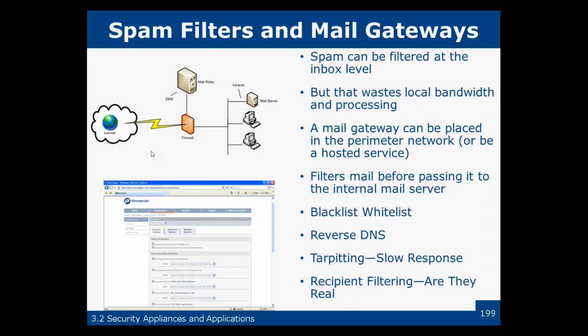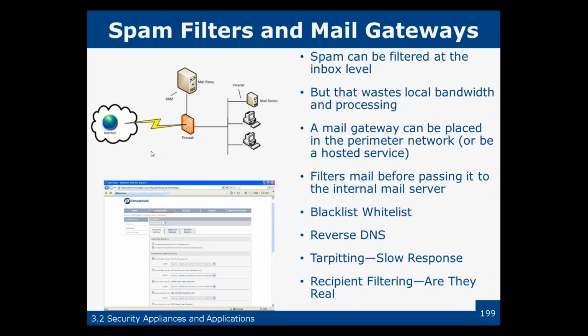You may have a mail gateway or a mail relay. What generally is going to happen is we use those instead of going directly to the mail server. You have the relay in the DMZ. It processes the email, does the filtering and all that stuff, and then sends what it approves to the email server for delivery to the individuals.